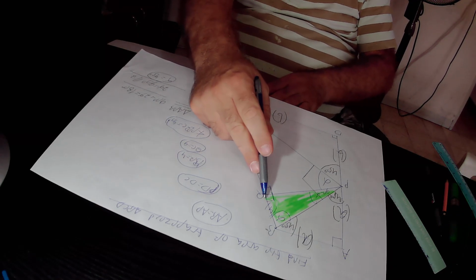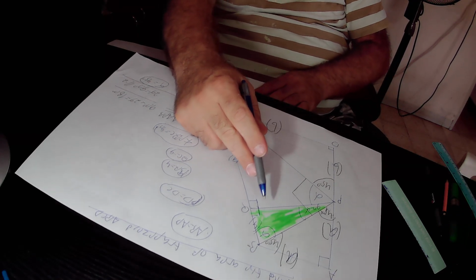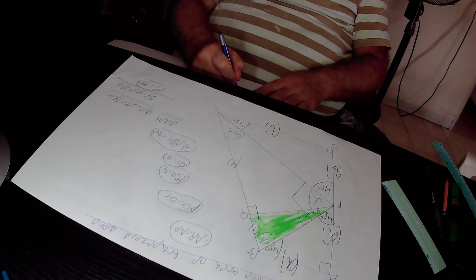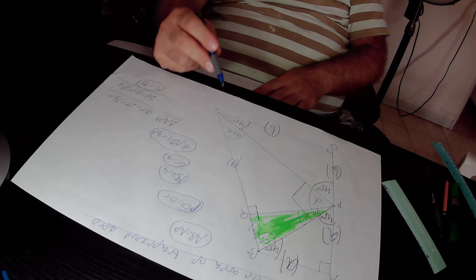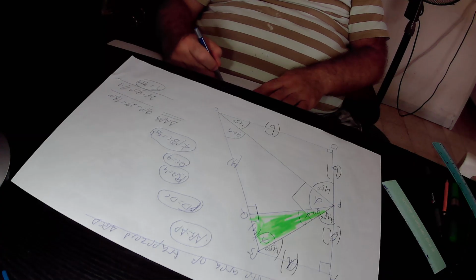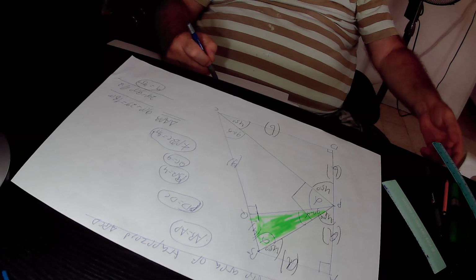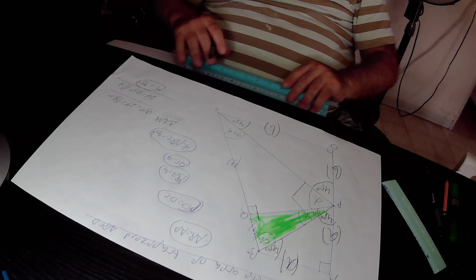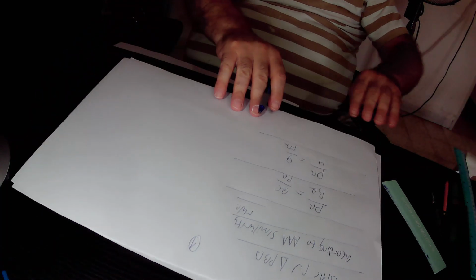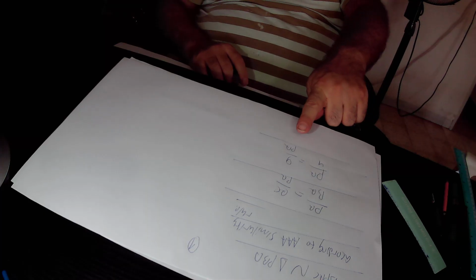BQ is equal to 4 units according to what is given in the question, and QC equals 9 units, also according to the question. PQ is the missing side, so we leave it as it is. So in total, we found that PQ over 4 equals 9 over PQ.